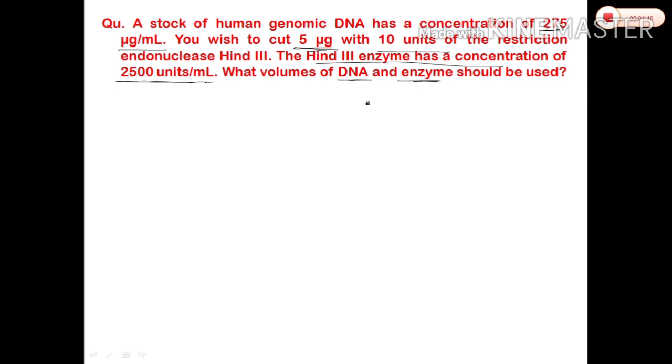This is a very simple question if you understood the enzyme activity. 275 microgram is there in 1000 microliter, so 1 microgram is there in 1000 divided by 275 microliter.